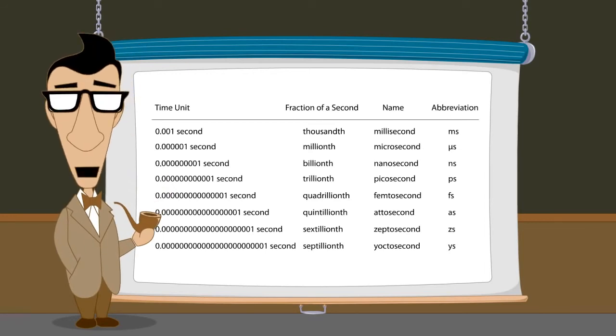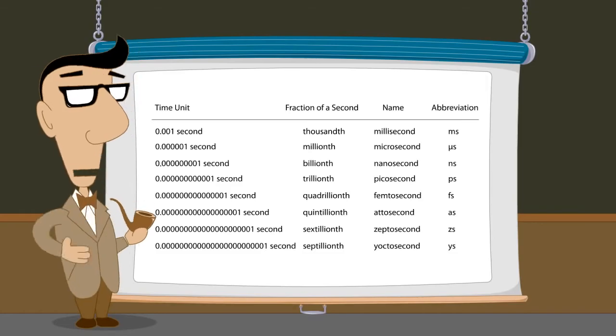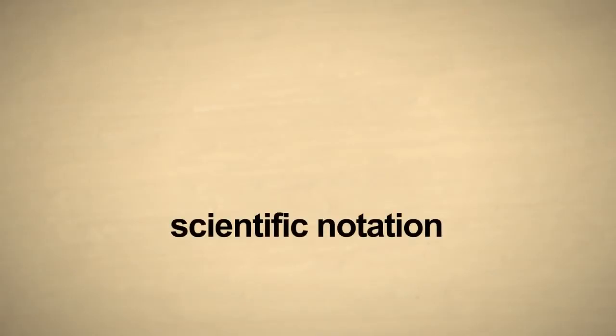Unfortunately, numbers with lots of zeros can become confusing and hard to work with. This is why scientific notation was invented. Numbers written in scientific notation consist of two parts. The first part, which can be positive or negative, is written as a single digit, which can optionally be followed by a decimal point and one or more additional digits.